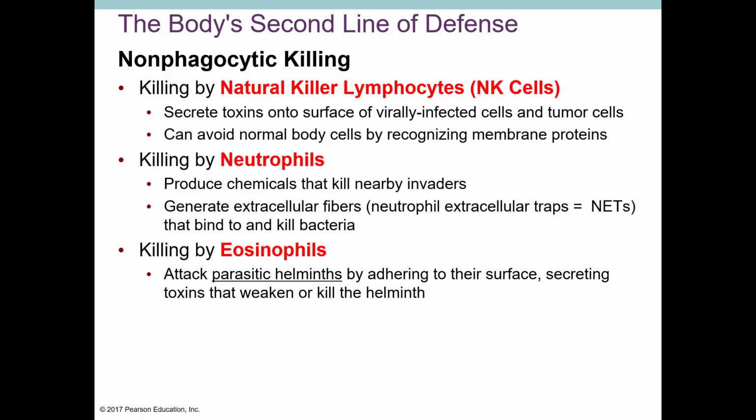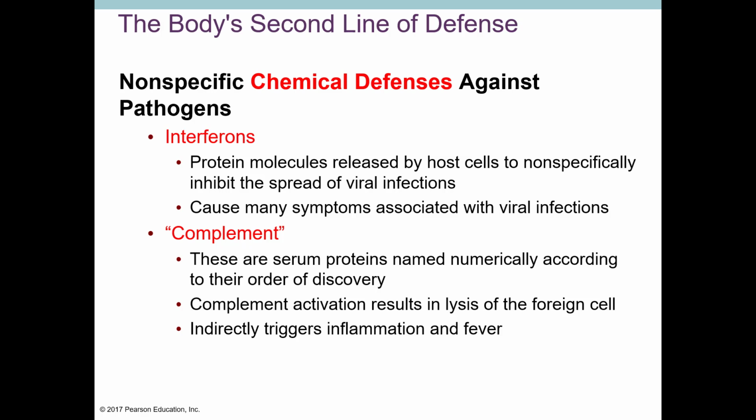So these three cell types, what they really do is they secrete something onto the pathogen, which causes the pathogen to be, in effect, killed or neutralized. Then you have some chemicals that are released.